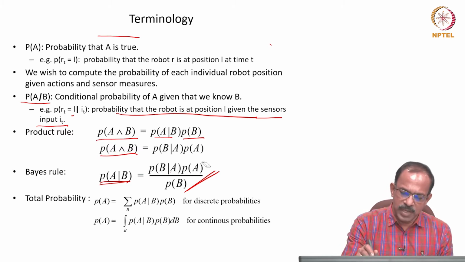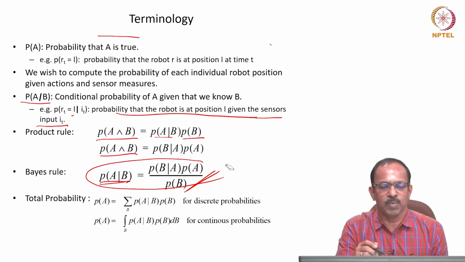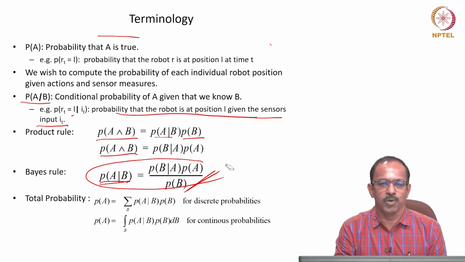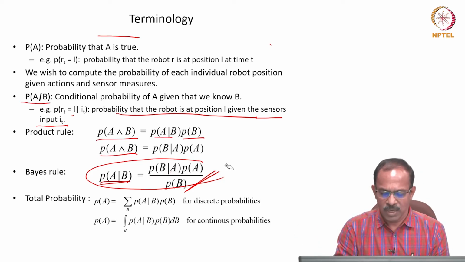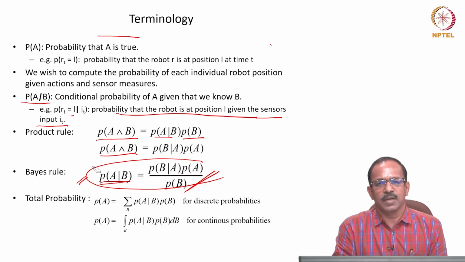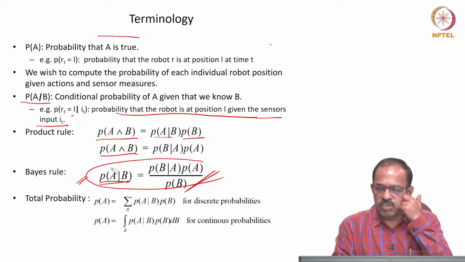This Bayes rule will be used in localization, because we will be using the conditional probability, that is, the probability that the robot is at a particular position given a control input or a map input, and if we know that, we will be able to use that information and the Bayes rule to calculate the conditional probability.